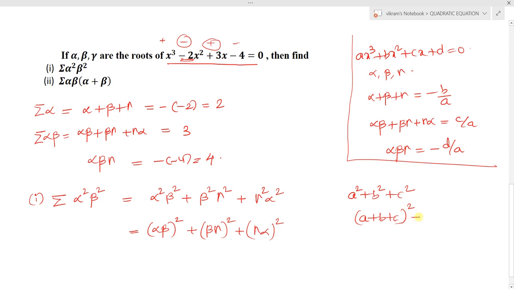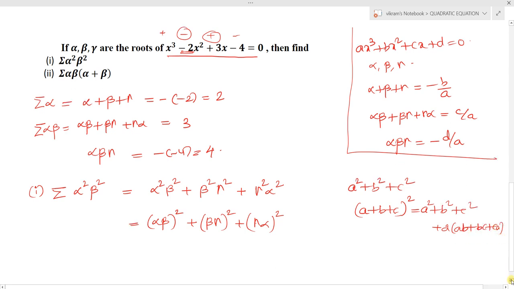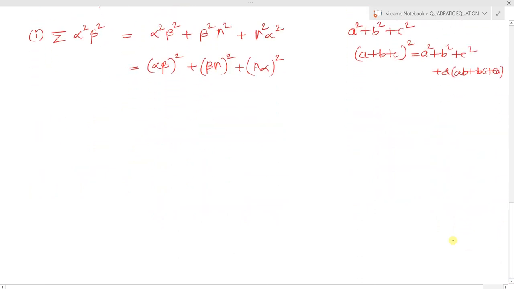The formula for a plus b plus c whole square is a square plus b square plus c square plus 2 times of ab plus bc plus ca. Now if we apply this, a is alpha beta, b is beta gamma, and c is gamma alpha.